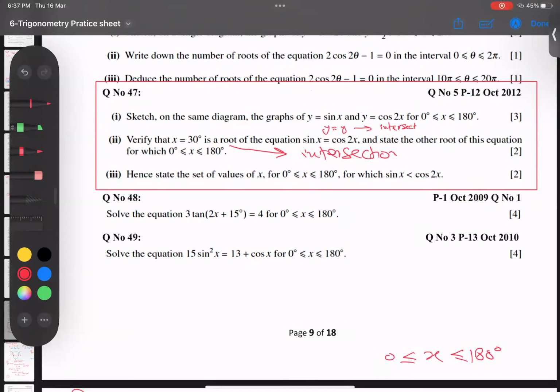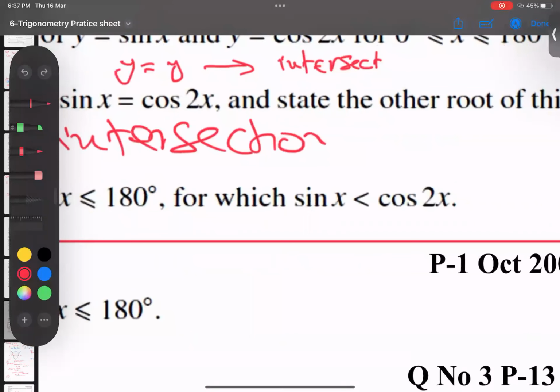He's saying state the set of the values of x where sine y value is less than cos y value. Can I say sine curve value and cos curve value? What is the middle line? Less than.